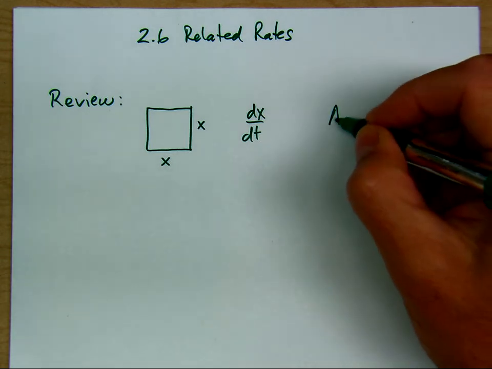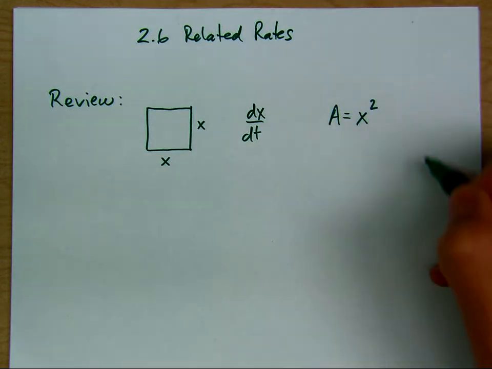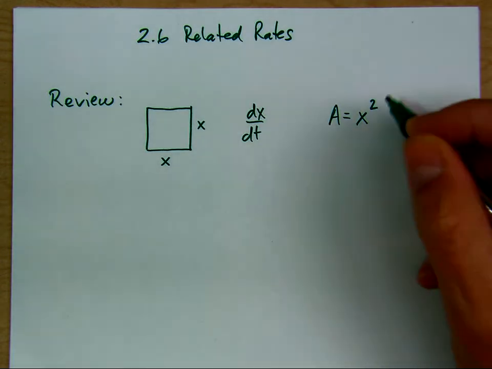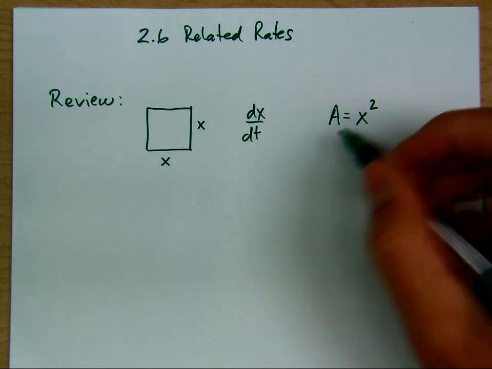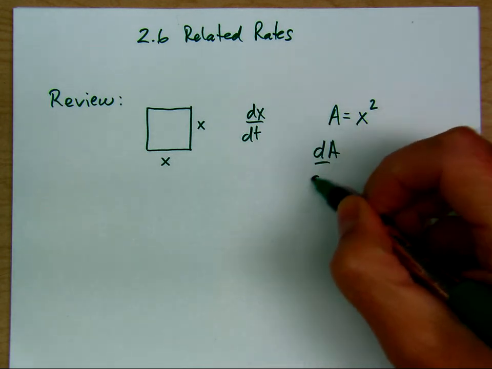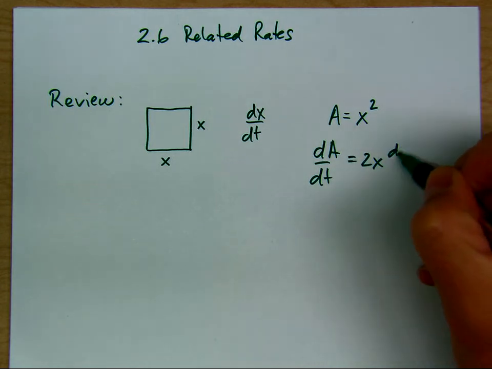And we can look at a relation. The area of the square is x squared. So area and side length are related by this. And then we can say that their rates are related like this.